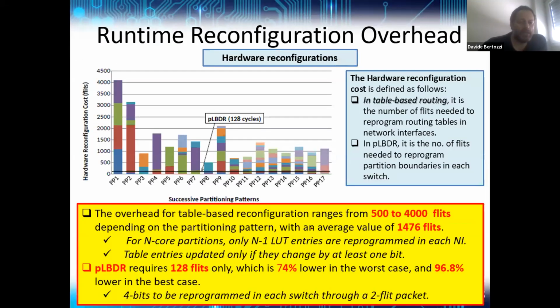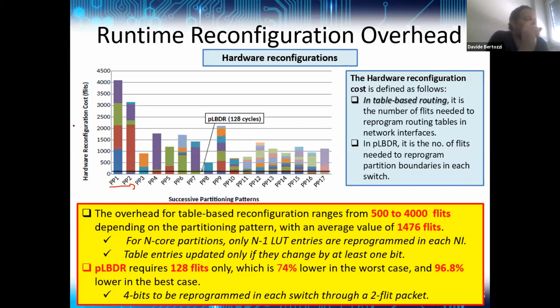So here we can see on the x-axis the partitioning pattern from 1 to 17, on the y-axis the hardware reconfiguration cost. How do we measure the hardware reconfiguration cost? In terms of the amount of information that we need to reprogram. In a network on chip, the smallest amount of information that can be sent around to reprogram things is called the flit, and in this case it's actually a 32-bit word.